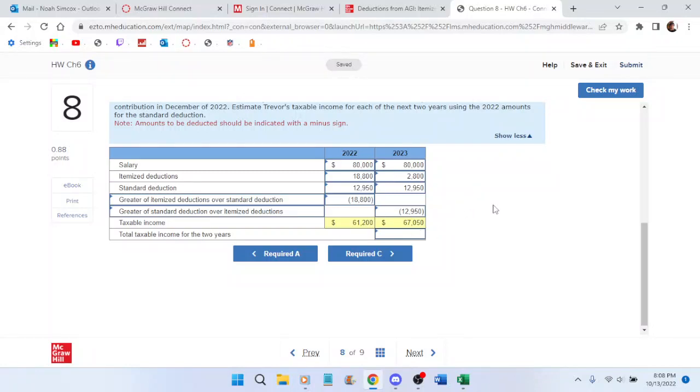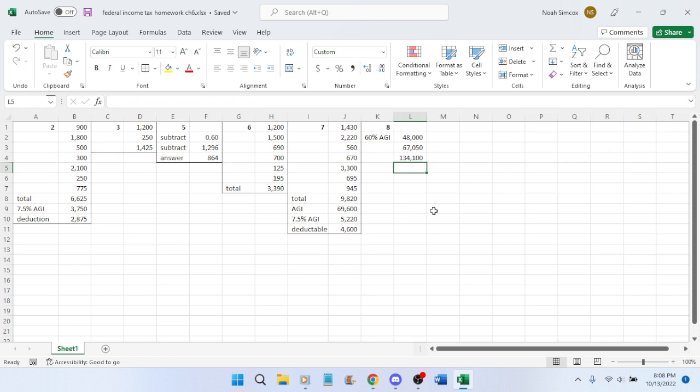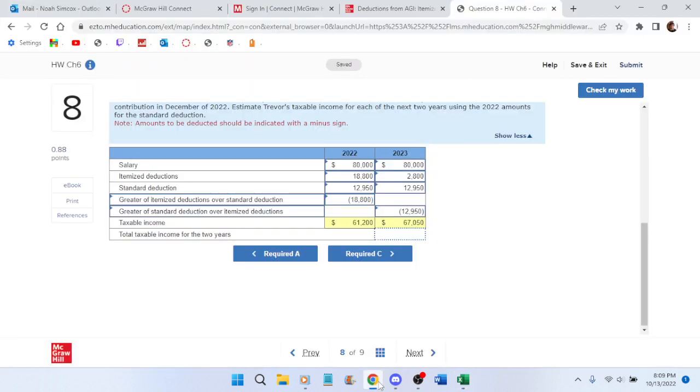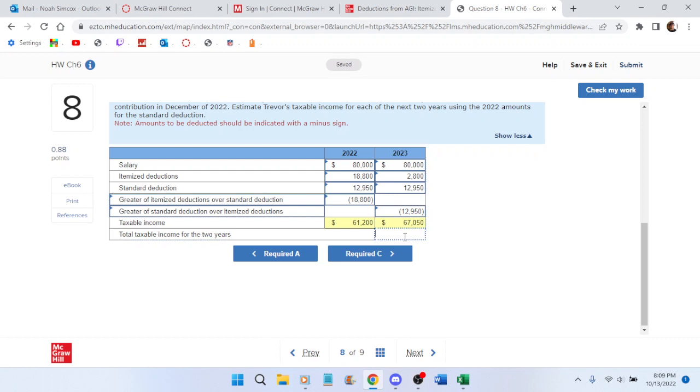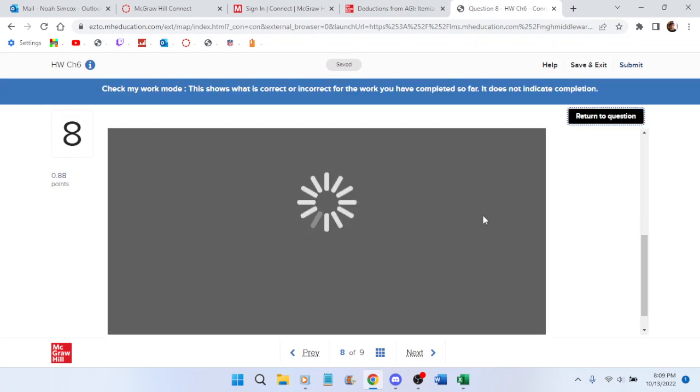So 2 years taxable income equals 61,200 plus 67,050. Okay, so 128,250. We are going to compare all the scenarios to see which one is the most favorable.